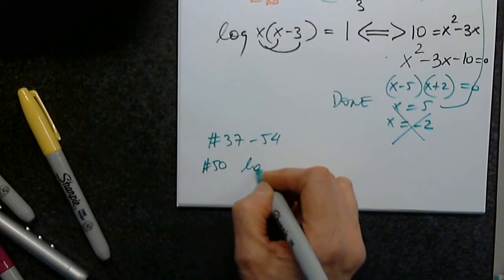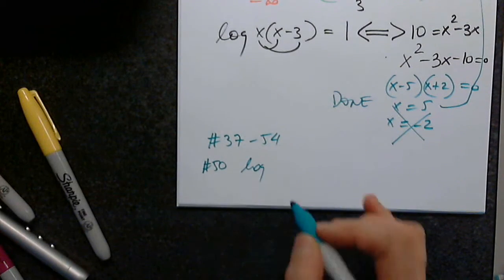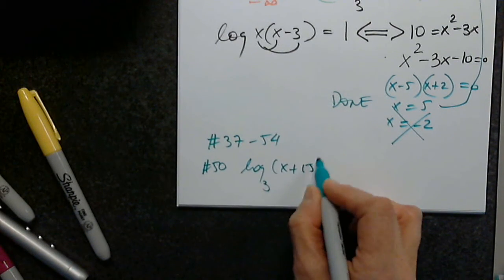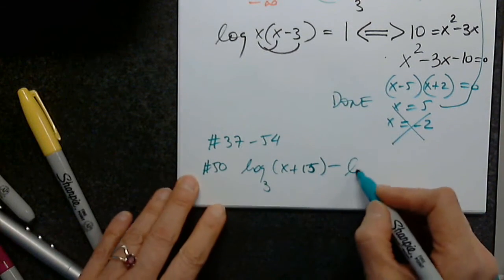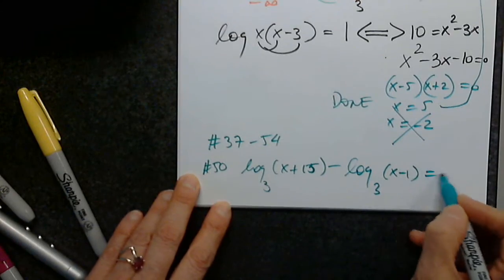So in 50 we have log base 3 of x plus 15 minus log base 3 of x minus 1 equals 2.